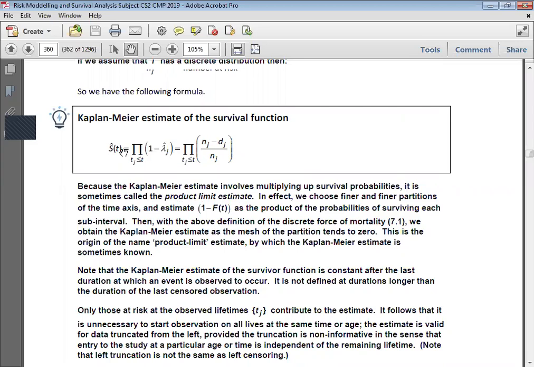And again, this S hat of t is defined for all tj's being less than or equal to t. And if you have something like tj being greater than t, then S hat of t will always be 1, because of the way we have defined tj basically.